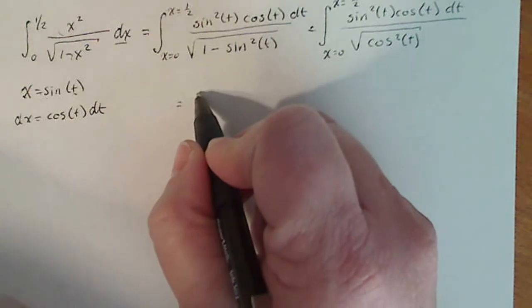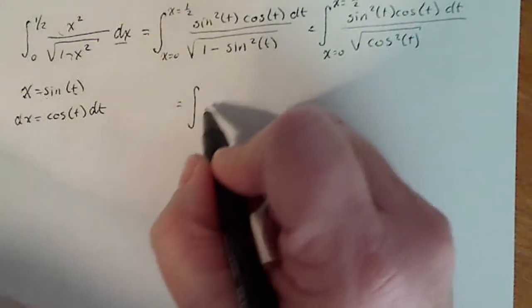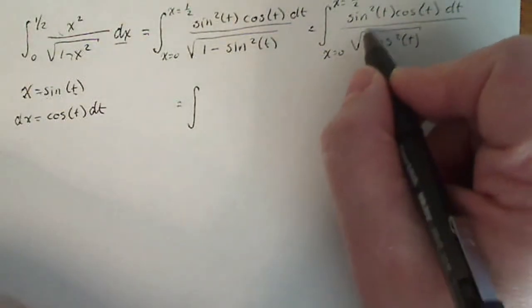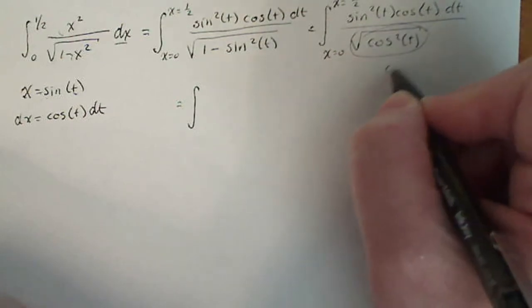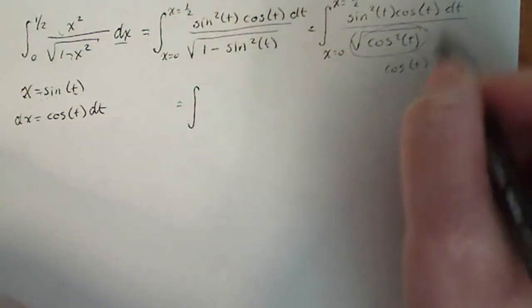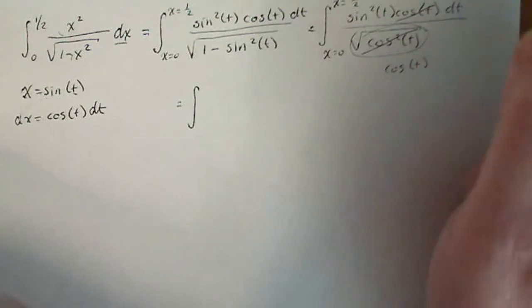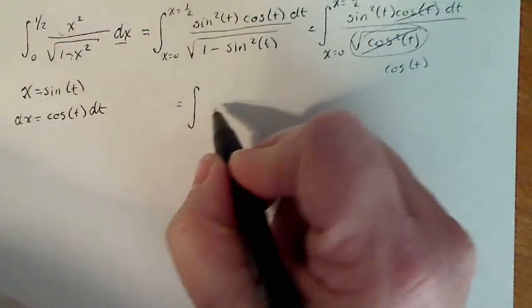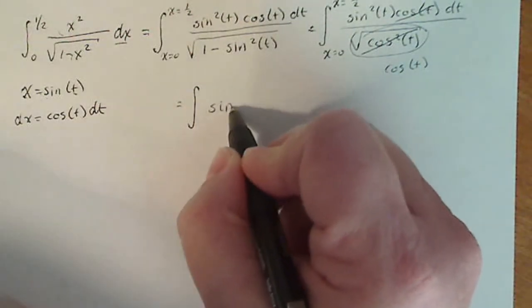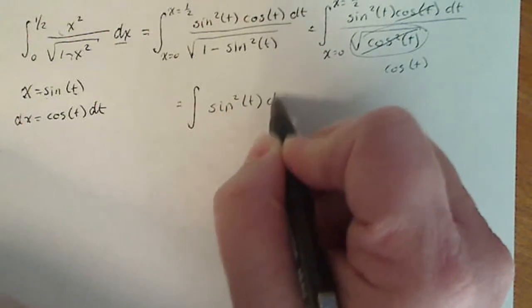Now, continuing on, down here is just cosine t. So I know that this guy and this guy are going to be a factor of 1. So what I'm left with is sine squared t dt.